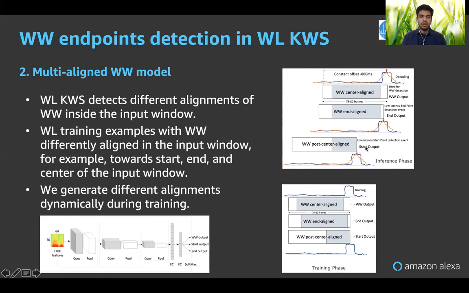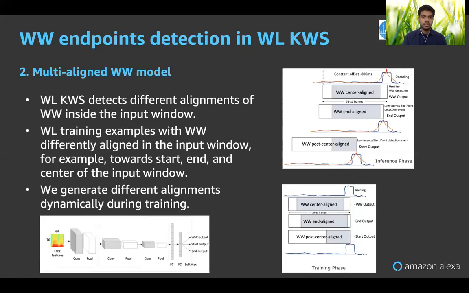So we can just subtract that specific offset, half of the input window size, to get the start of the wake word. Similarly for end aligned, whenever a posterior spike happens for that output, we see that the end has happened. It's a pretty cool way to detect the start and end of the wake word.